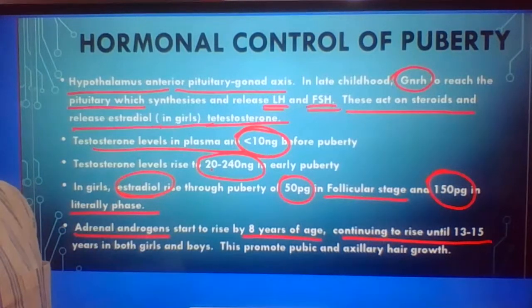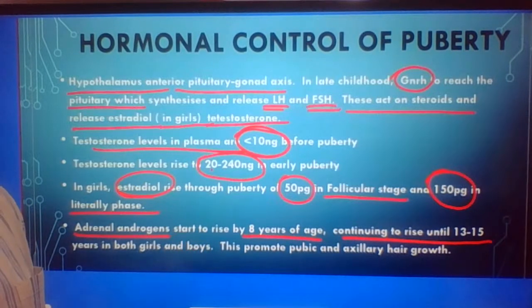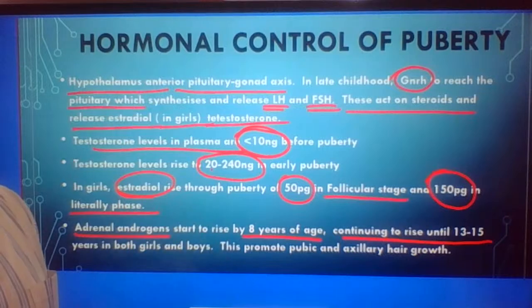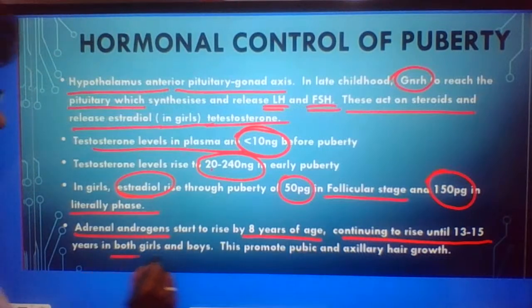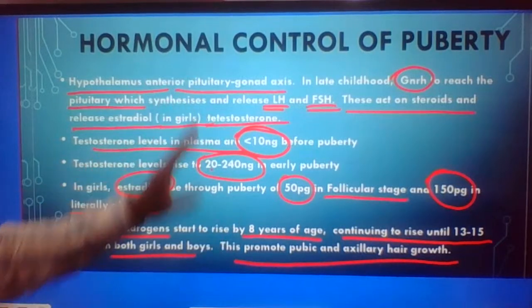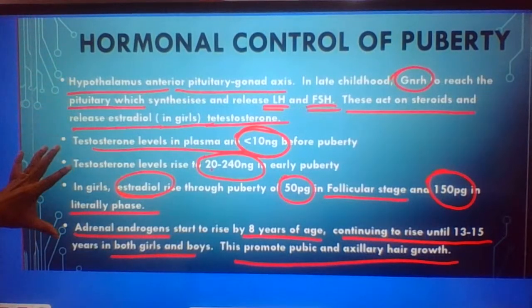Certain secondary sexual characters still function by means of the corticoids. But what controls even that? It is directly under the control of the pituitary gland, that is, by the hypothalamus. Okay, so this promotes the pubic and axillary hair growth. This is responsible here. So here comes the hormonal control of puberty.